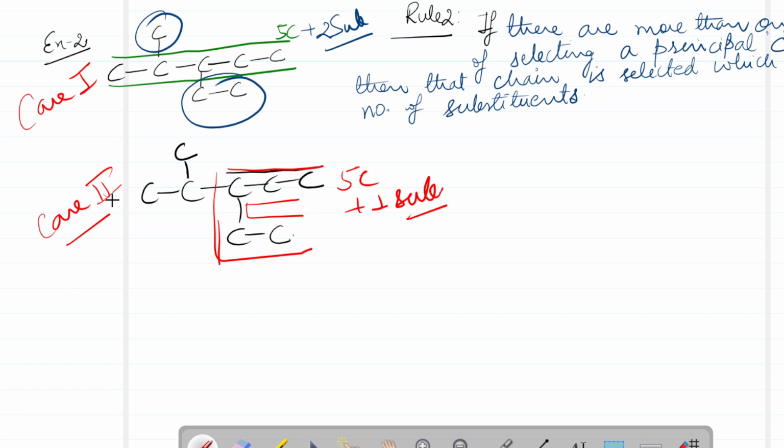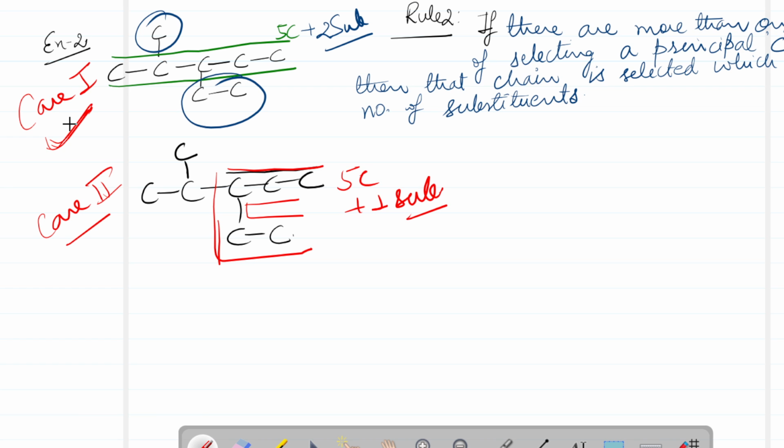I think there is no way to select a principal carbon chain with 6 carbons, right. So the maximum possible carbon in a principal chain is 5. So case 1 is correct. To name the compound, the case 1 where I selected the principal carbon chain of 5 carbons with 2 substituents is correct.